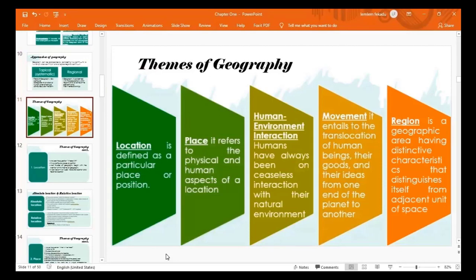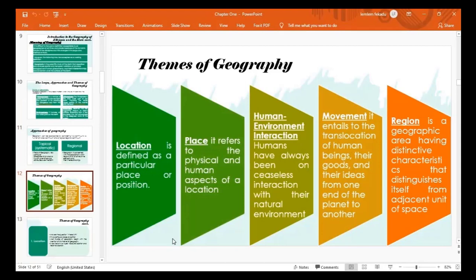The next major focus of this chapter is the themes of geography. There are 5 basic themes of geography.